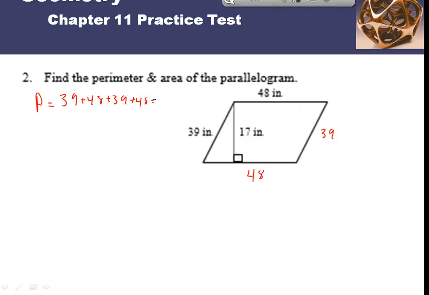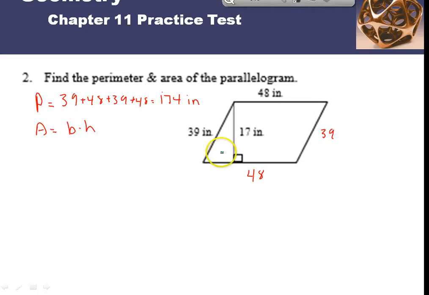Which is going to be 174. So 174. And that would be inches. And then remember the area of a parallelogram is base times height.